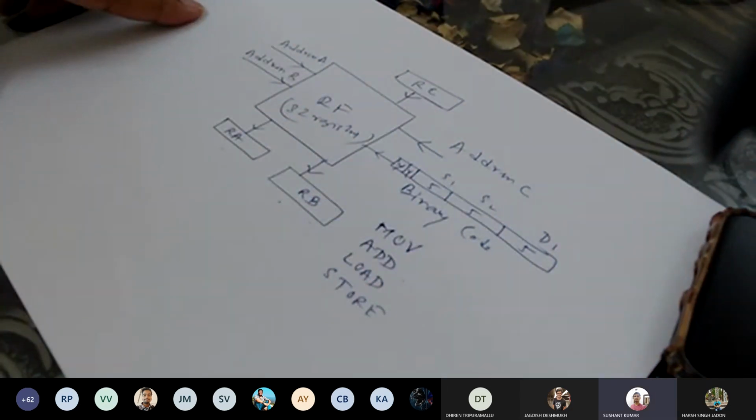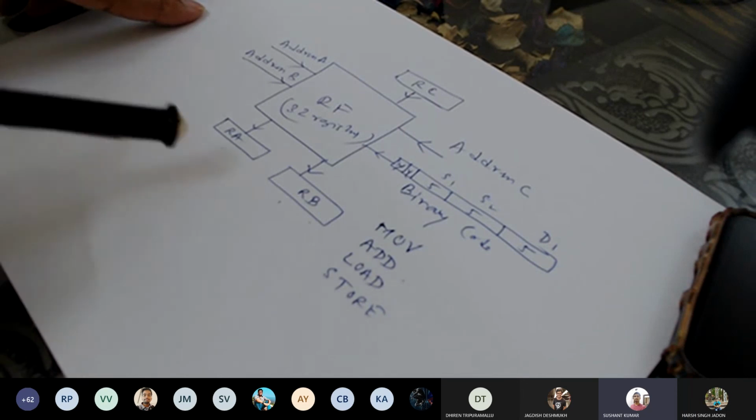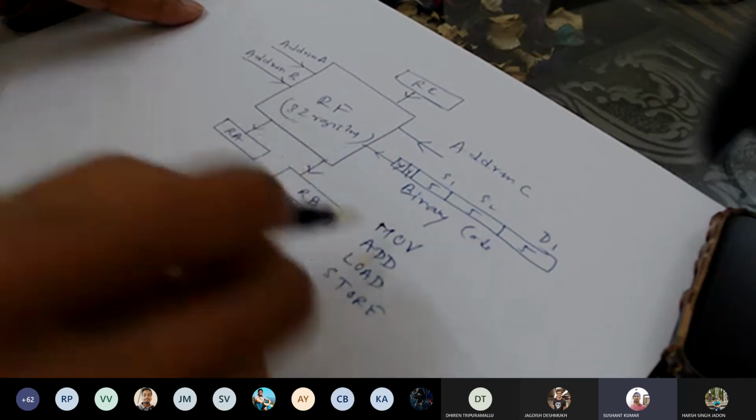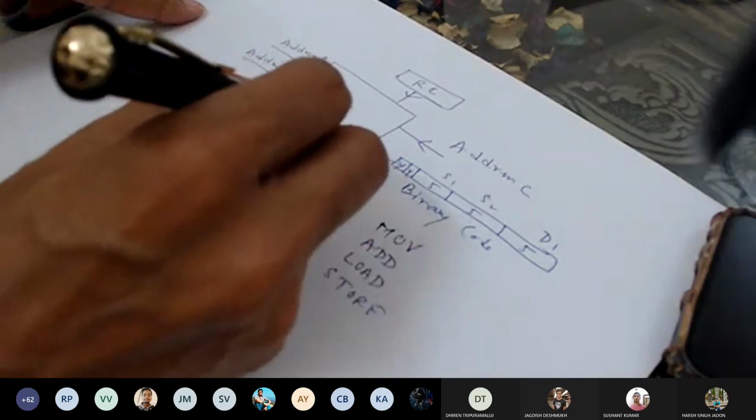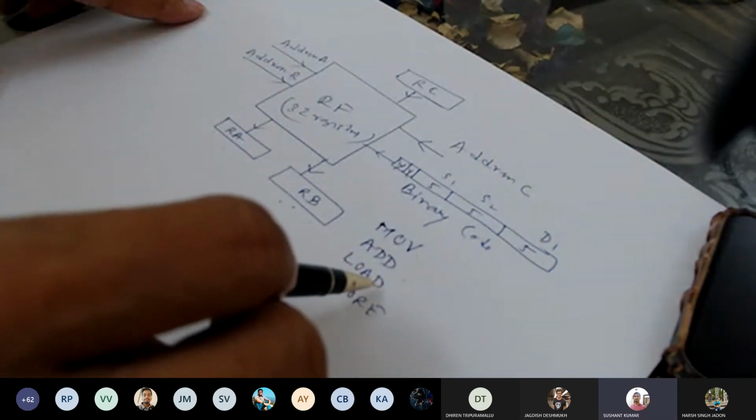So sir, add will only produce output in RA and RB, right? Okay. Move will do a transfer internally, between registers.